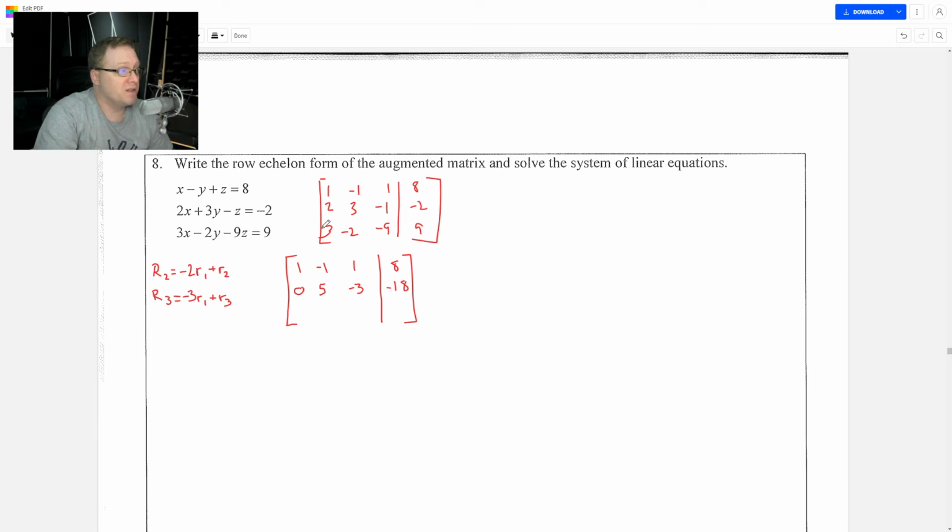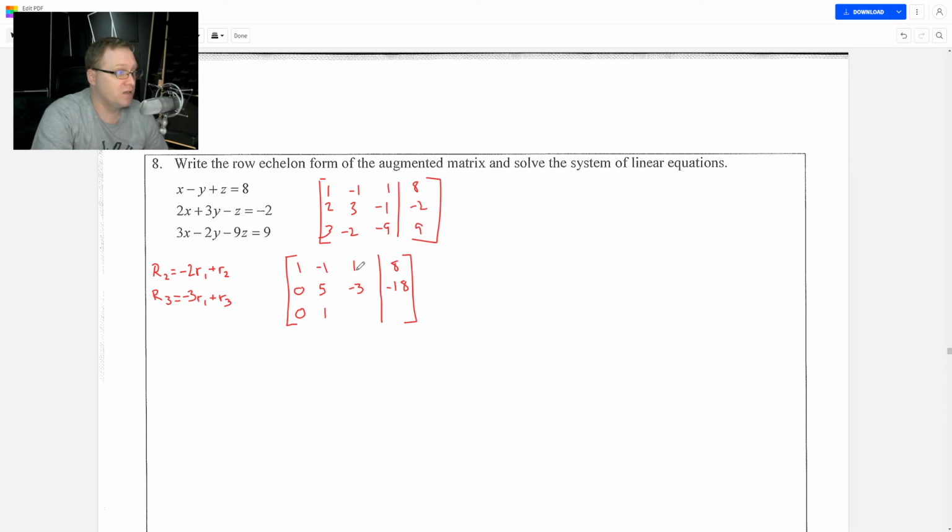Next, let's look at the third row. We're going to multiply by negative 3 and then add this. So negative 3 times 1 is negative 3 plus 3 is 0. Then negative 3 times negative 1 is positive 3 plus negative 2 is 1. And then we're going to do that here.